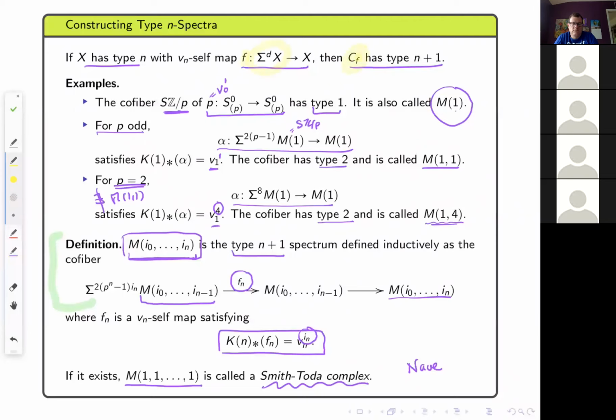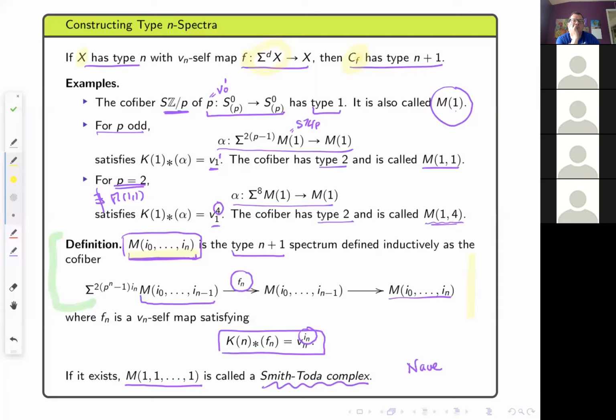Okay, gotcha. So non-uniqueness in general, and the examples I'm thinking of actually don't arise in this fashion. The X you choose, you add one cell at a time, and these examples have more cells for the non-uniqueness. So I don't know if you pick the v_n self map, whether the cofiber will then be unique. I realized that for this case, I don't know. So in particular, I don't know about your Smith-Toda complex. It could be that you have something better.